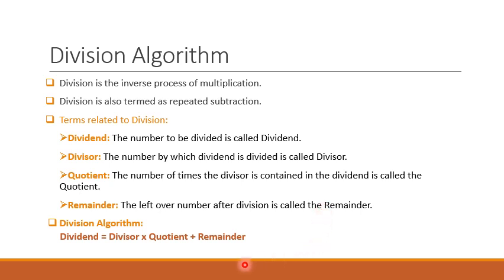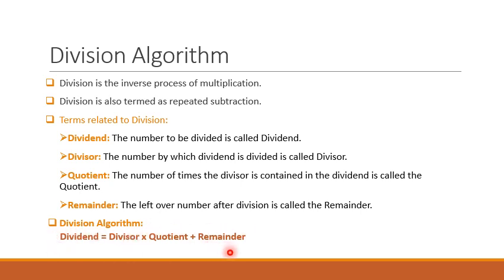Now let's see what is division algorithm. According to division algorithm, dividend is equal to divisor multiplied by quotient plus remainder. So this is known as division algorithm.